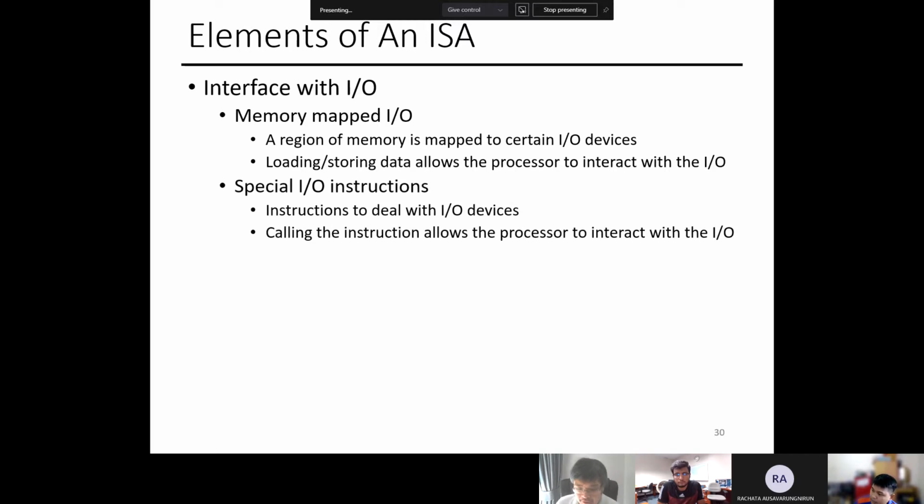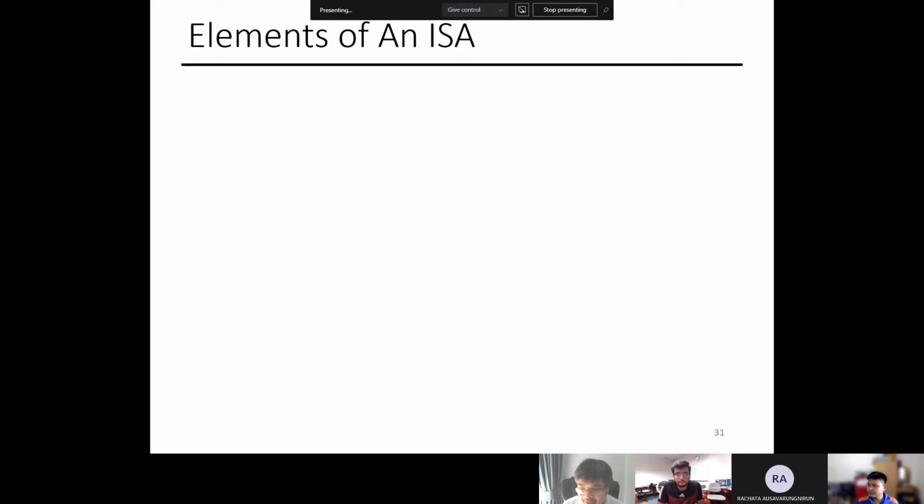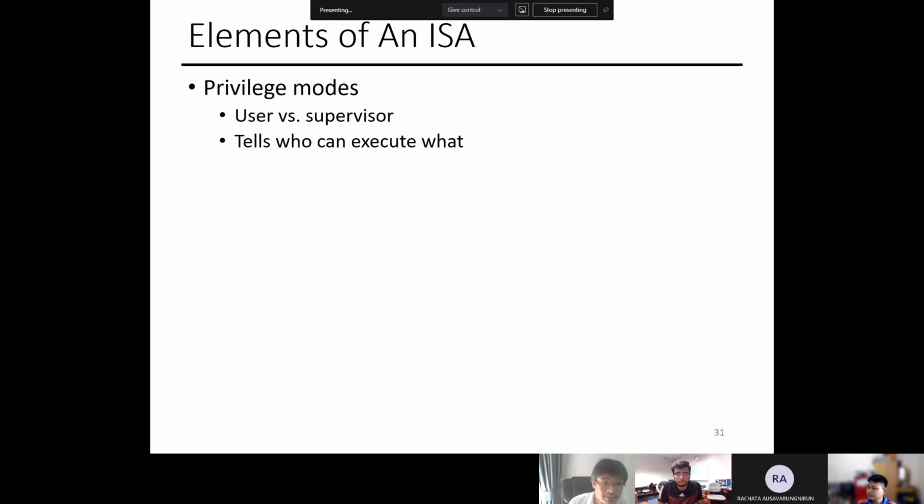You can have special I/O instructions that deal with each of the input and output devices, like your mouse and keyboard. You call this instruction when someone hits Control-Alt-Delete, because you want to interrupt and show the Task Manager in Windows and things like that. Another element is privilege, user versus supervisor.